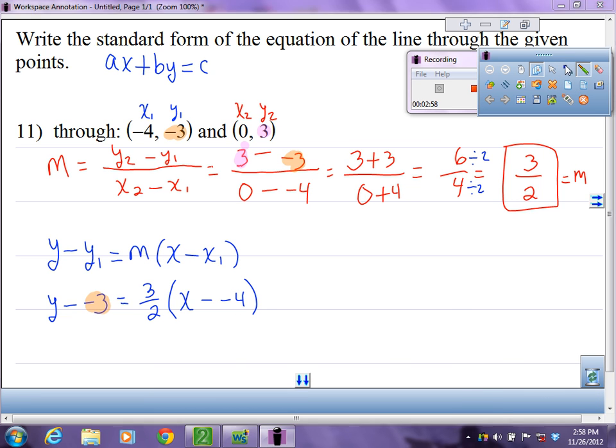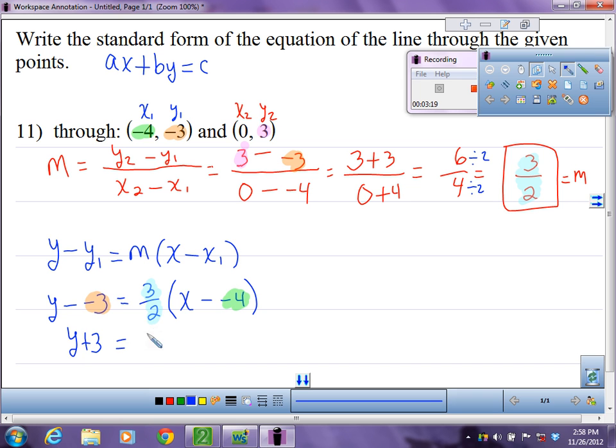So again, this x1 over here goes here. And this slope just goes here. Okay. So again, double negatives, make sure you put them positive. And now I can take care of business.